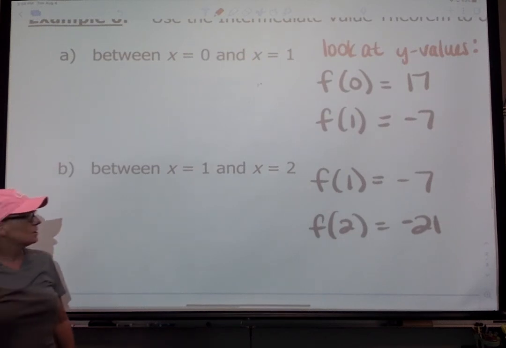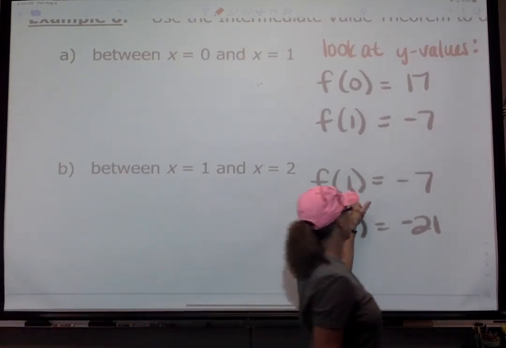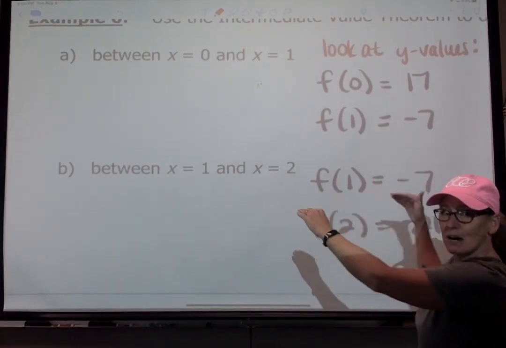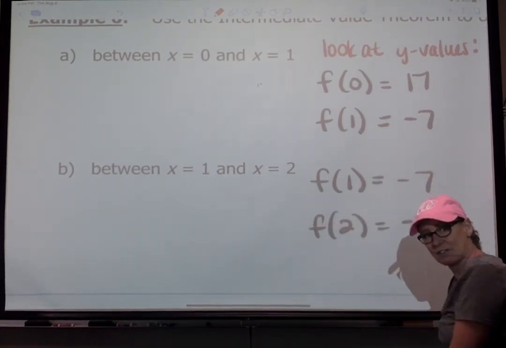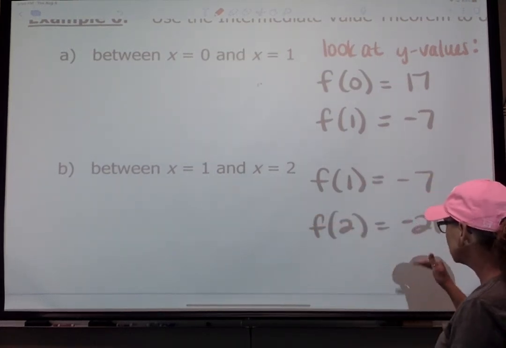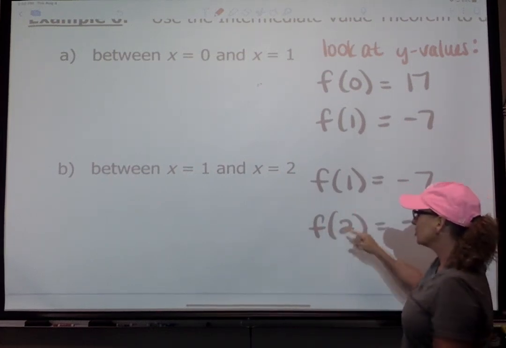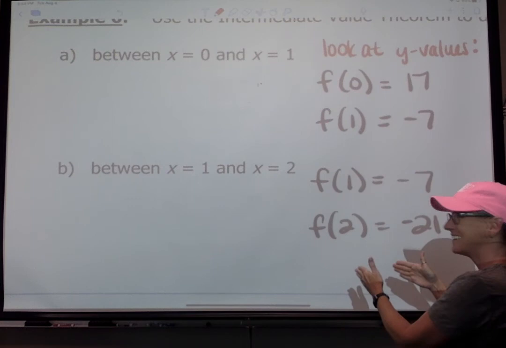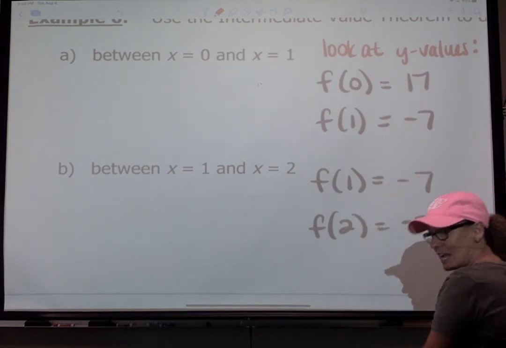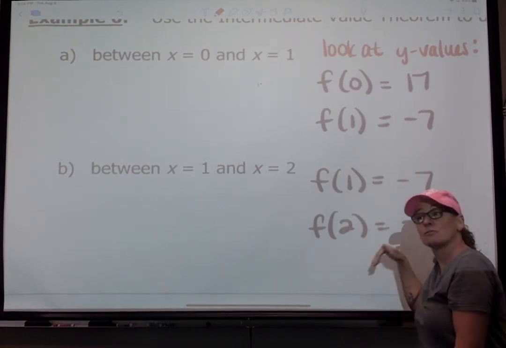Well, when x is positive 1, my y is negative 7. I'm thinking quadrant 4. You thinking quadrant 4? When x is 2, my y is negative 21. Oh, it's even farther down.